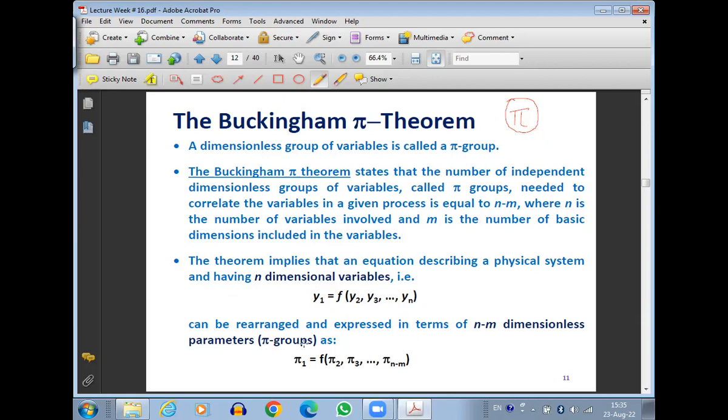The number of pi groups needed depends upon the number of basic dimensions. Let's say the number of basic dimensions is m and the total number of variables is n, so the number of pi groups will be n minus m. Since things are written in the form of variables, it is a little hard to understand right now, but once we start solving the problem, things will become much clearer to you.